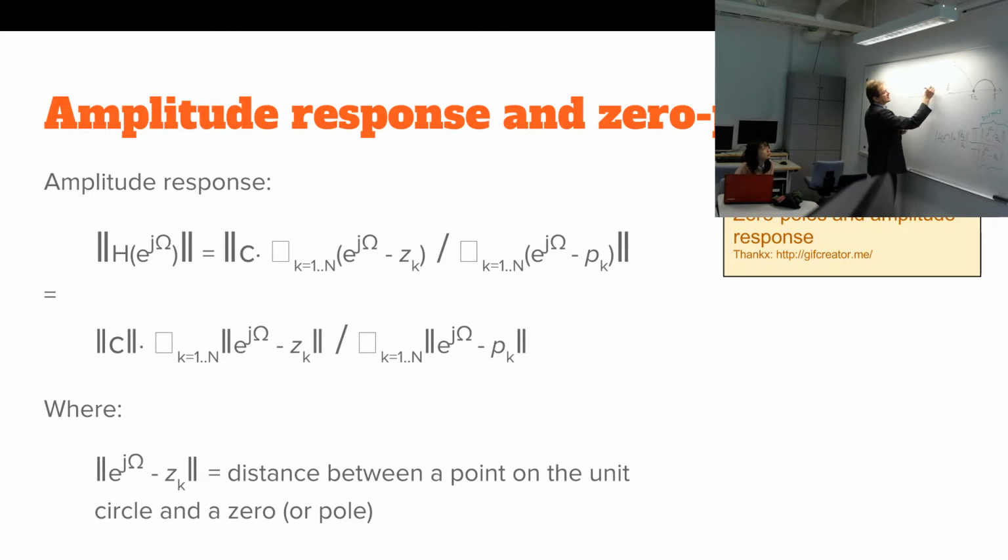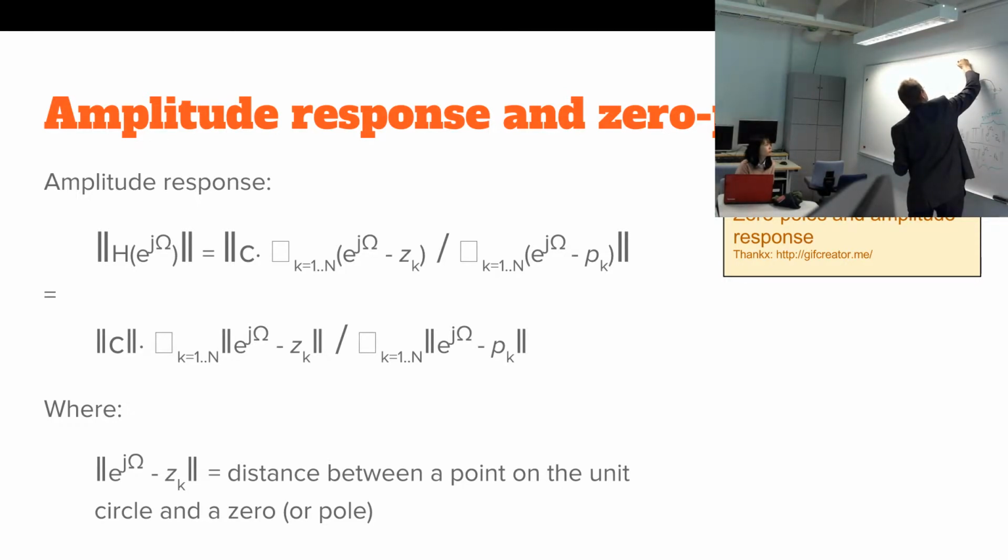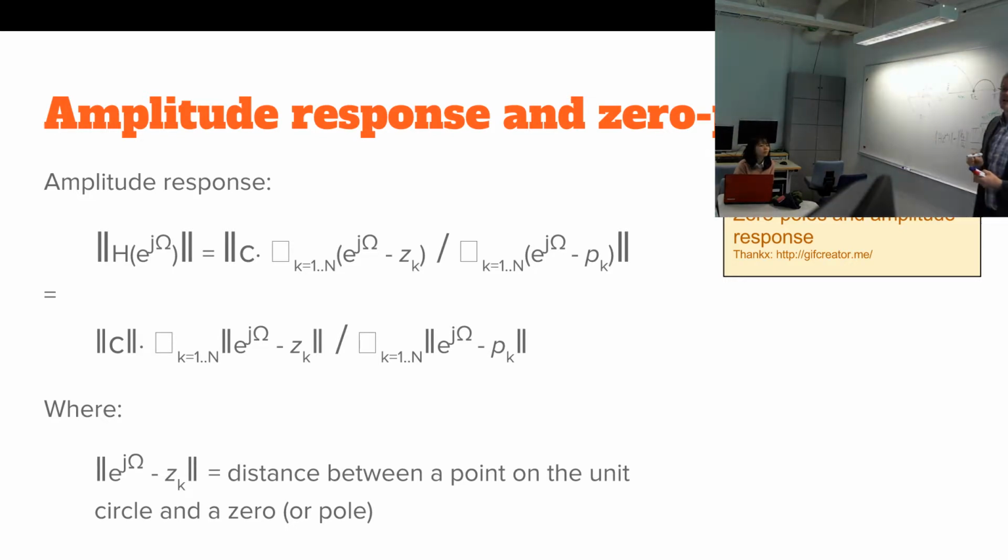So that distance here, e to j omega p1, is at the minimum. And when the denominator goes to minimum, what does it mean for this function? It has to go up. It has to go up, yes.